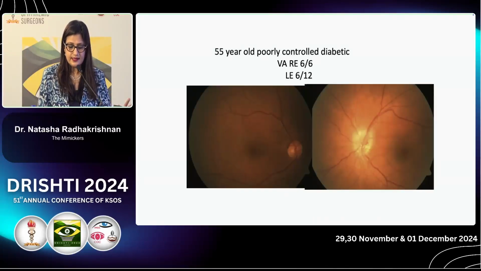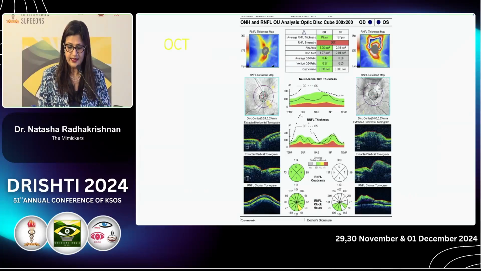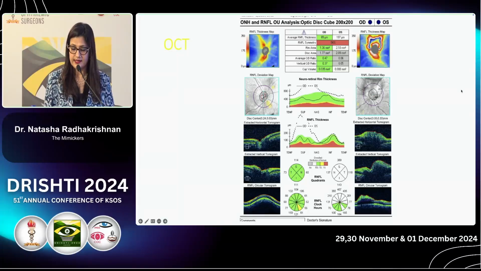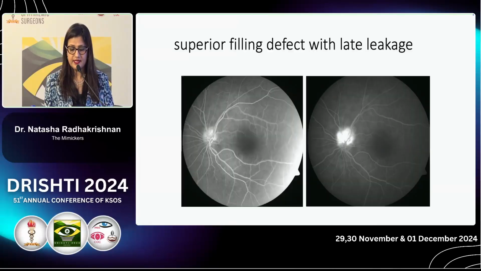And this is a simple non-arteritic AION on the left side, and this is the optic nerve head showing the increased values in the RNFL, and this is the altitudinal field defect, and here you can see the filling defect, sorry, that should be inferior, superior filling defect here, and then the late leakage.